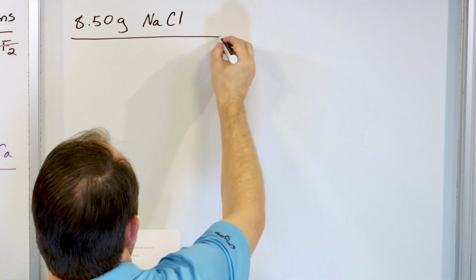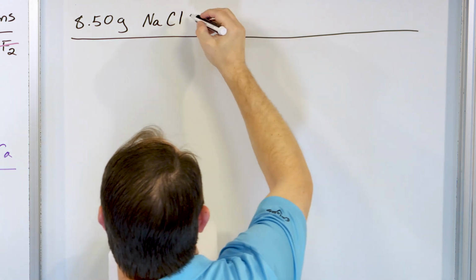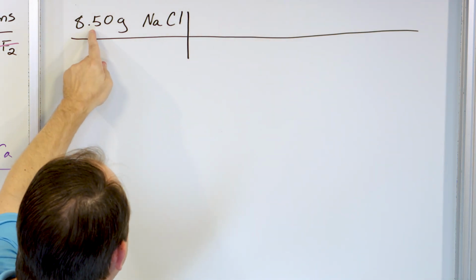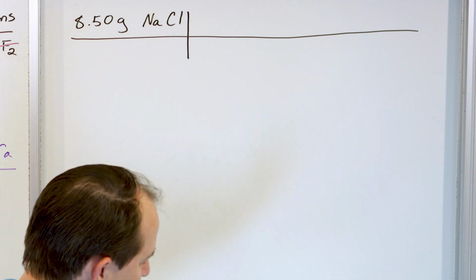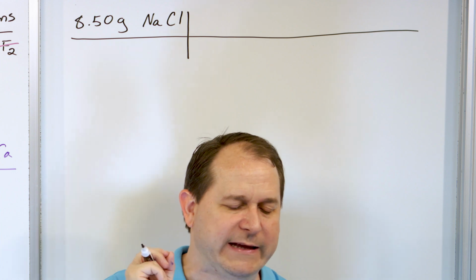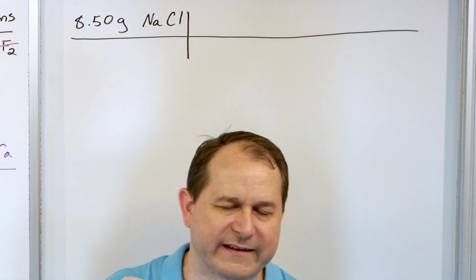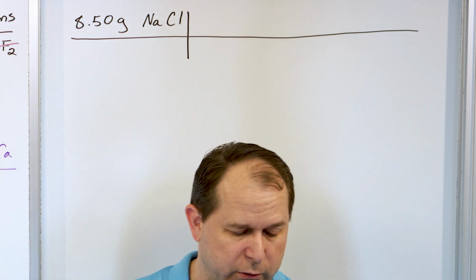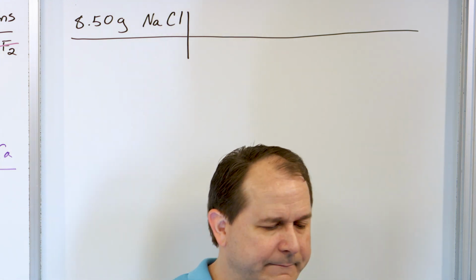And then we have another one down below we want to do again. So what I want to figure out is how many grams of sodium are in 8.50 grams of sodium chloride. For each of the following samples, calculate the mass of sodium contained in an 8.5 gram sample. I've just given you the first one, sodium chloride, 8.5 grams of that.